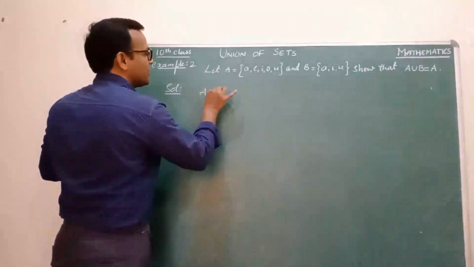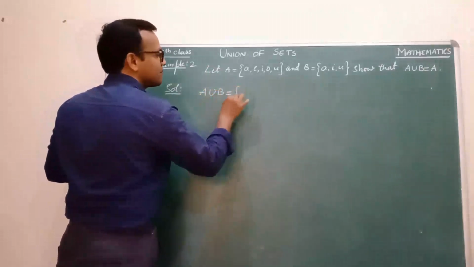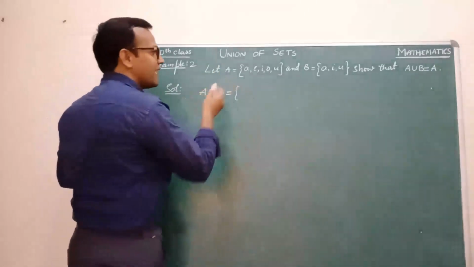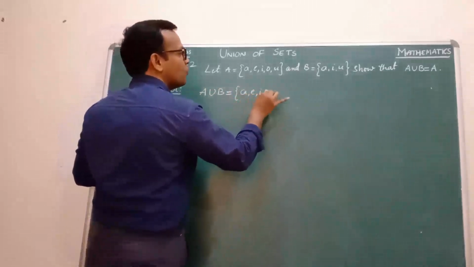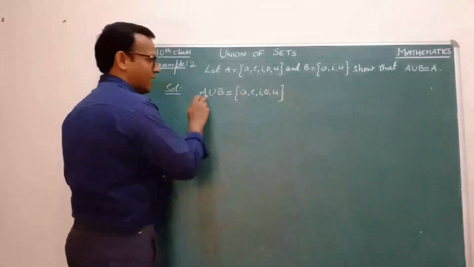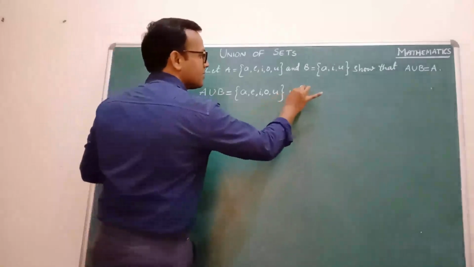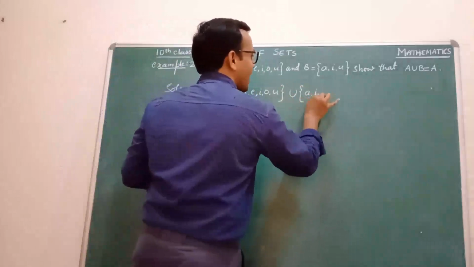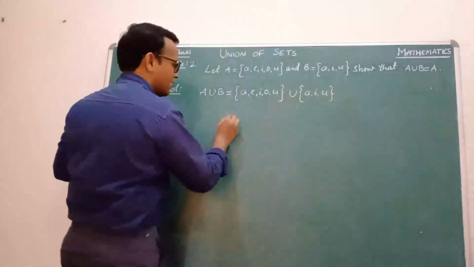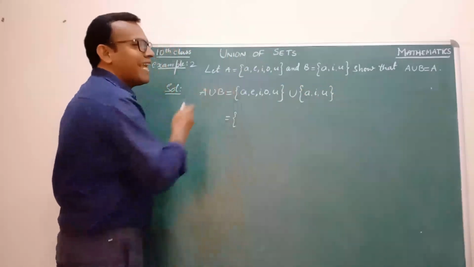A union B. Let me take set A first. What is A? A, E, I, O and U, union B. What is set B? Set of A, I and U. Now let me write. So what is A union B?